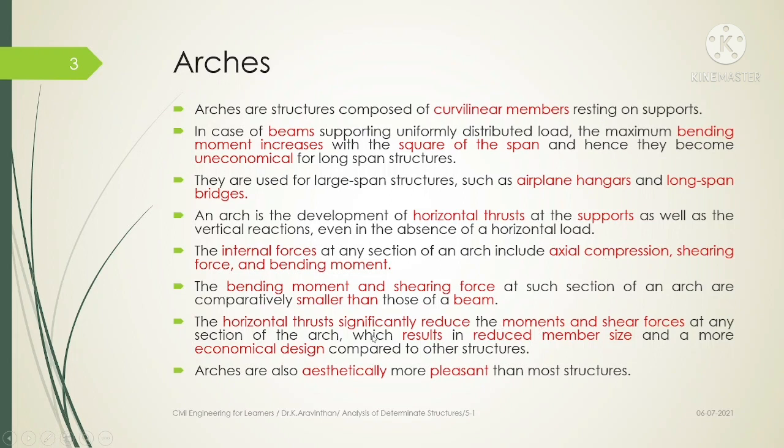So thrust is a force, and this axial compression is also known as horizontal thrust. So this thrust reduces the bending moment and shear force significantly, and it reduces the member size, and due to this you can achieve an economical design. Also, the arches are aesthetically more pleasant than other structures.